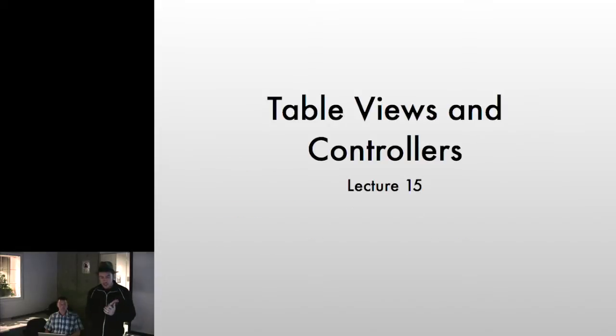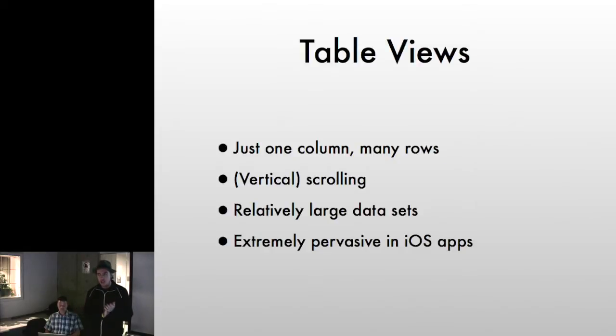Anyway, a table view, the idea is, at least on iOS, there's a single column and a bunch of rows. It scrolls vertically to scroll through all those different rows, and it's intended for fairly large data sets. The iPod application has a lot of songs in your library, most likely, so you use a table view to scroll through all of those songs, or all of your artists, depending on which page you're on in iPod.